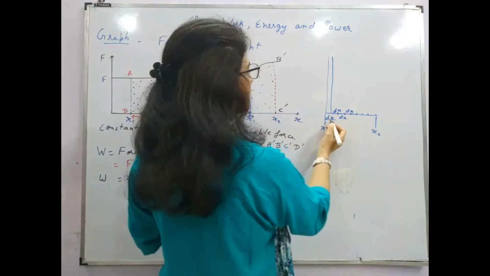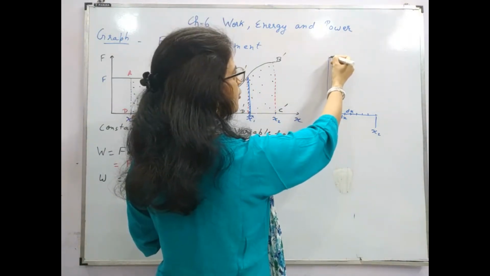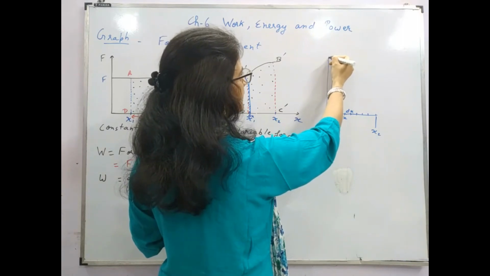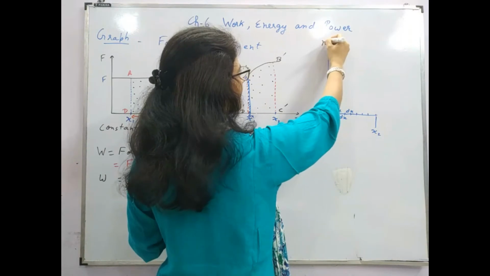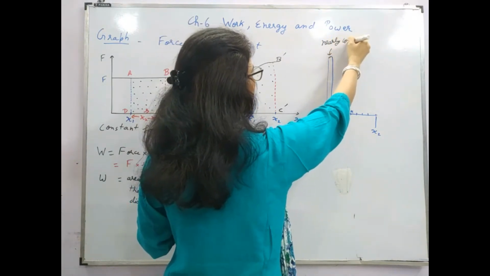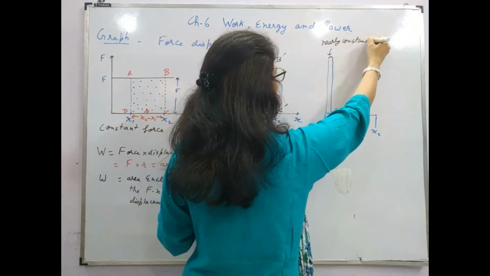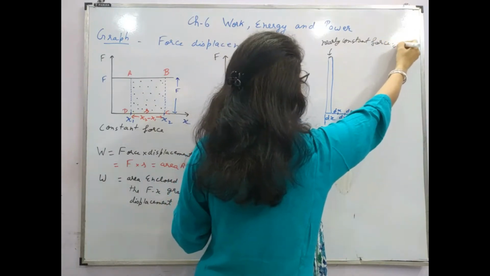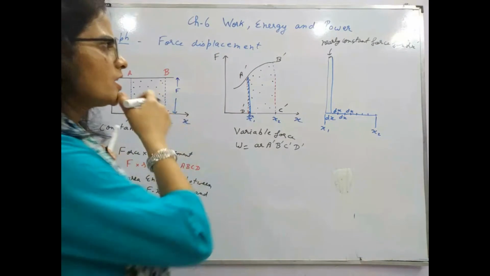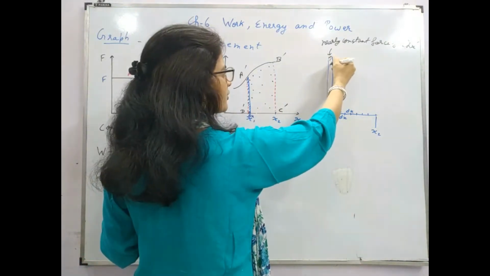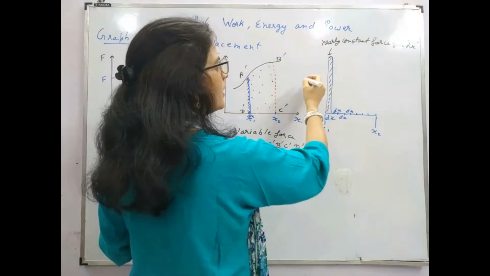So during this very small interval, this force can be nearly considered constant. So you can say that here nearly constant force for dx, right? So here this appears to be a rectangle.